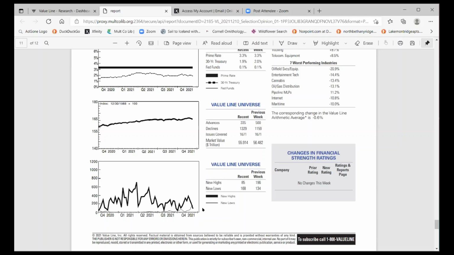And I don't think it's a surprise to anybody that happened in the last week, since we all know what happened to the market in the last week. Over here, our financial strength changes. In other words, not rating changes, but financial strength changes. This one in particular this week does not have any. Okay, so that's what I do to this section.